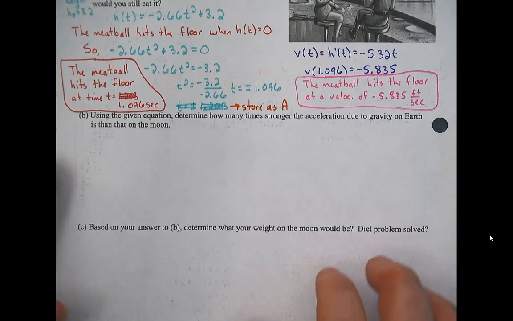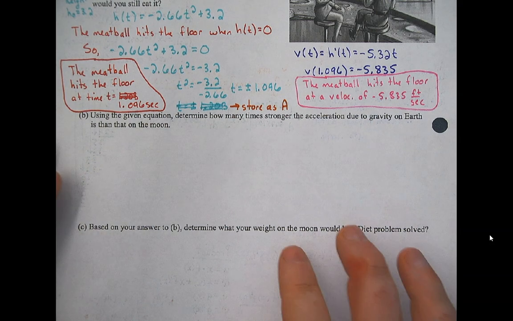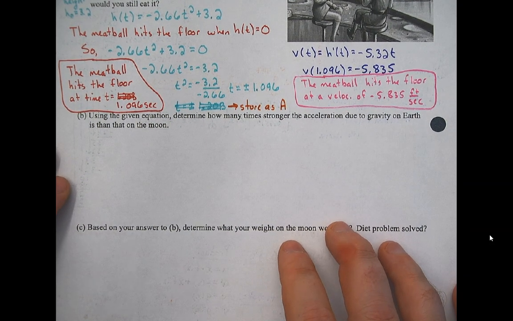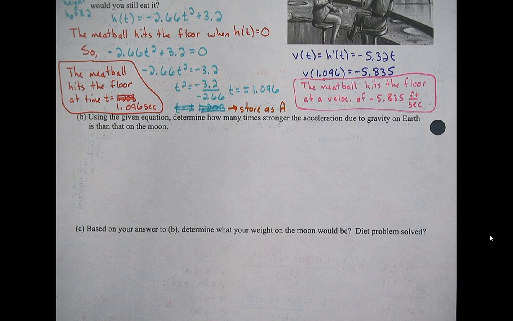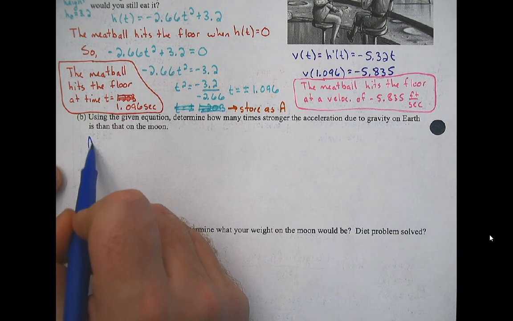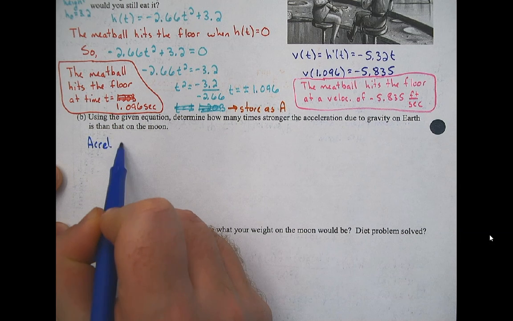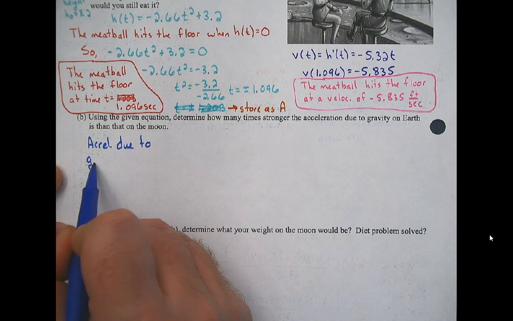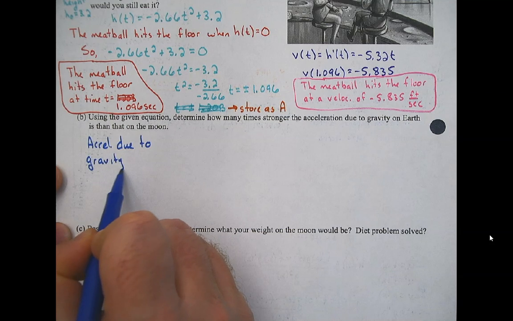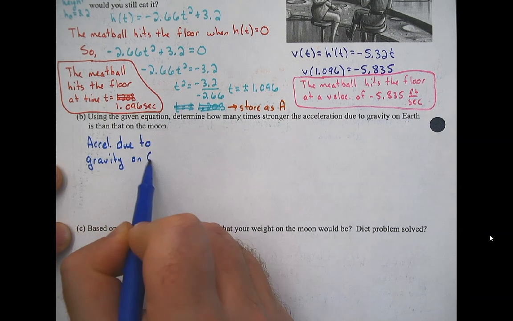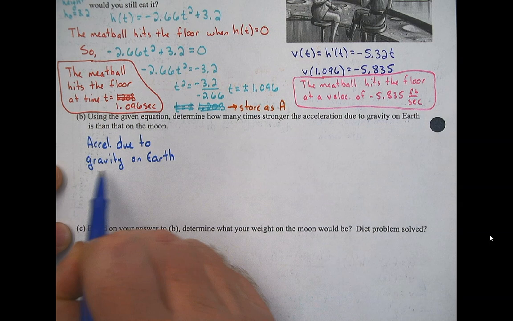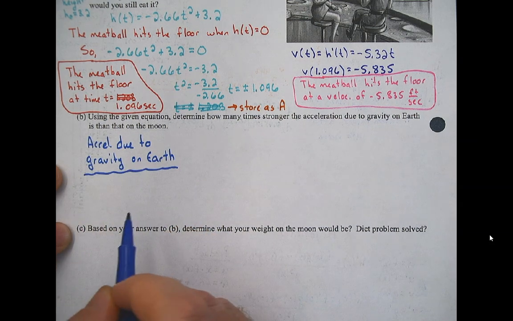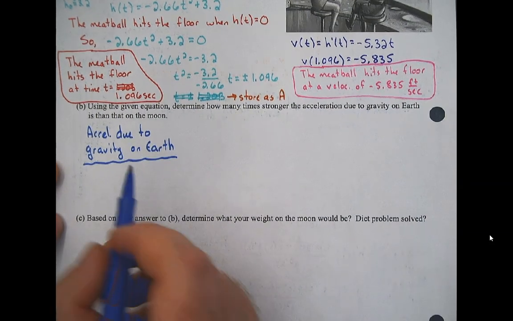Using the given equation, determine how many times stronger the acceleration due to gravity on Earth is compared to that on the moon. Well, let's review acceleration due to gravity on Earth. And you guys might remember this from physics as well.